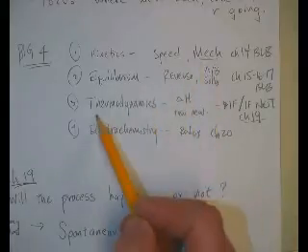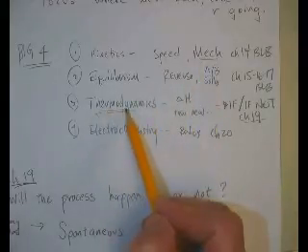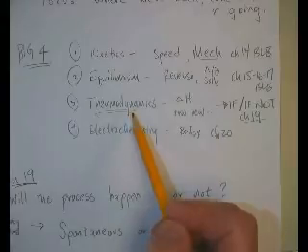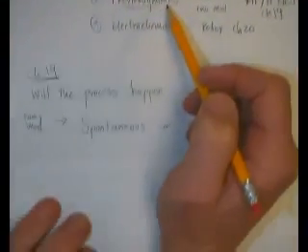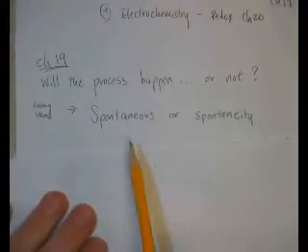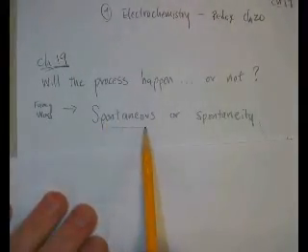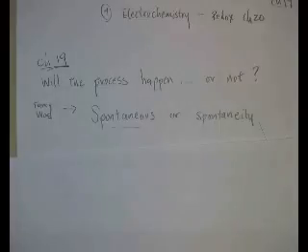That's not what we're looking at in chapter 19 here. We're saying the activation energy has been added, and now the reaction is proceeding. Will it, once it gets the activation energy, occur spontaneously, or will it be non-spontaneous and not occur?